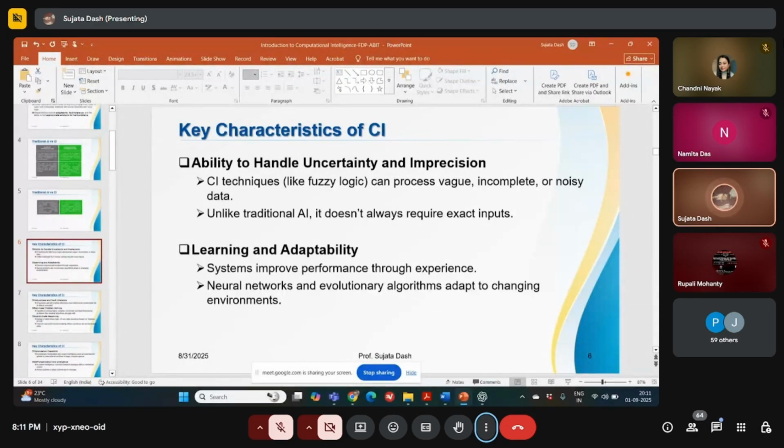Similarly, an evolutionary algorithm mimics natural selection. It tries many possibilities and gradually improves over time. That means when we use an evolutionary algorithm, we create a population, and in that population, many chromosomes or candidates are available, which are the possible solutions.